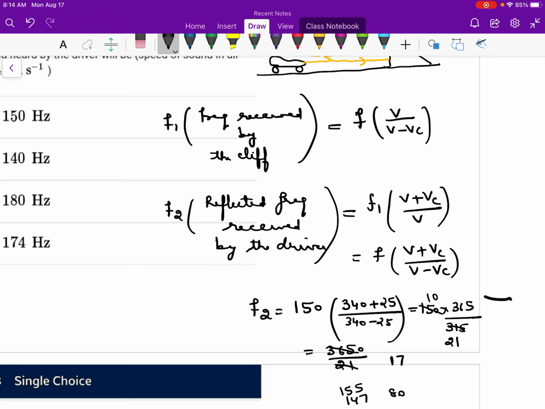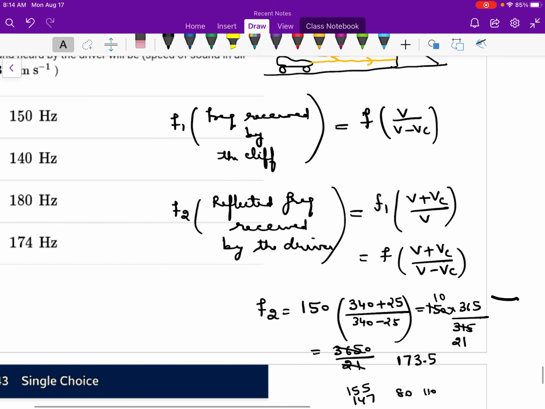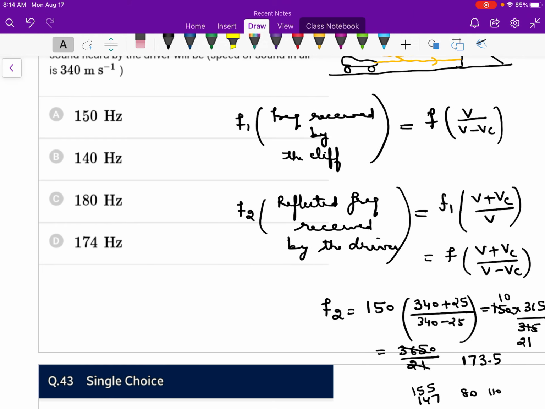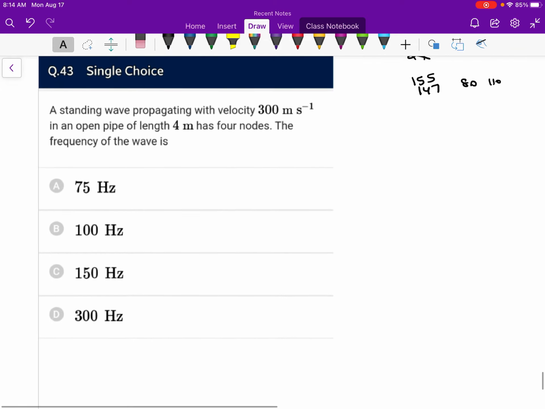Now remainder is 8, 80. 21 3s are 63, and then 21 5s are, so this is 174 approximately. So D is the correct option.